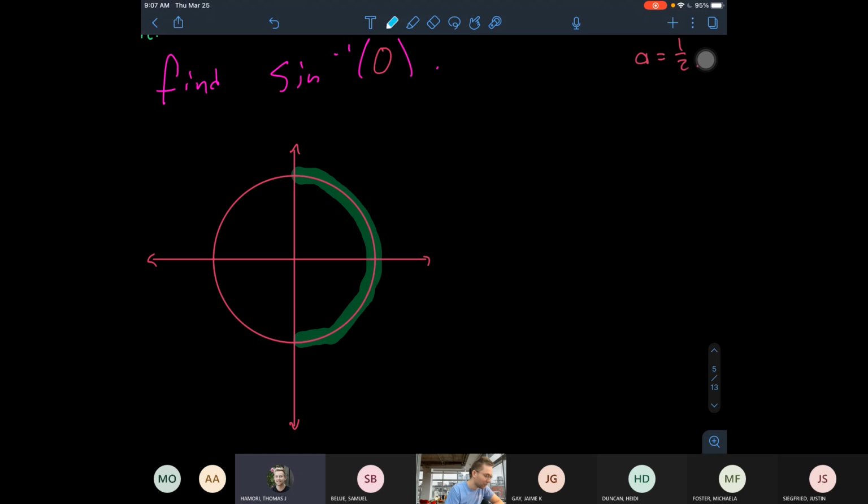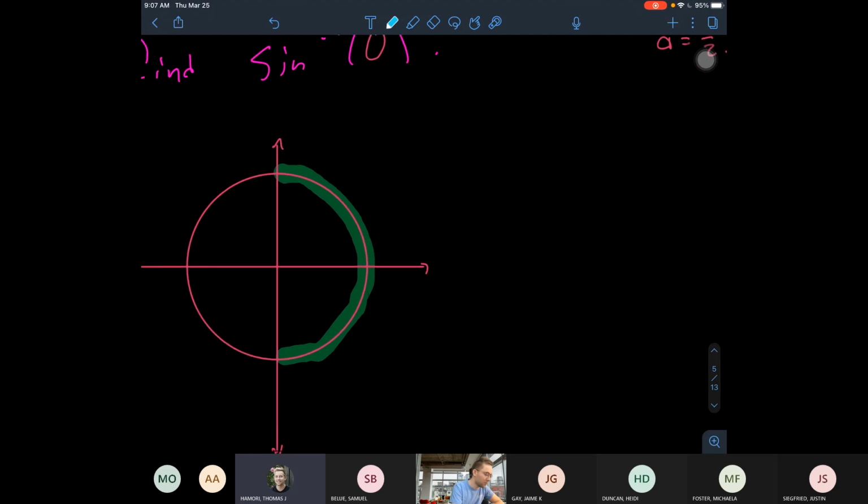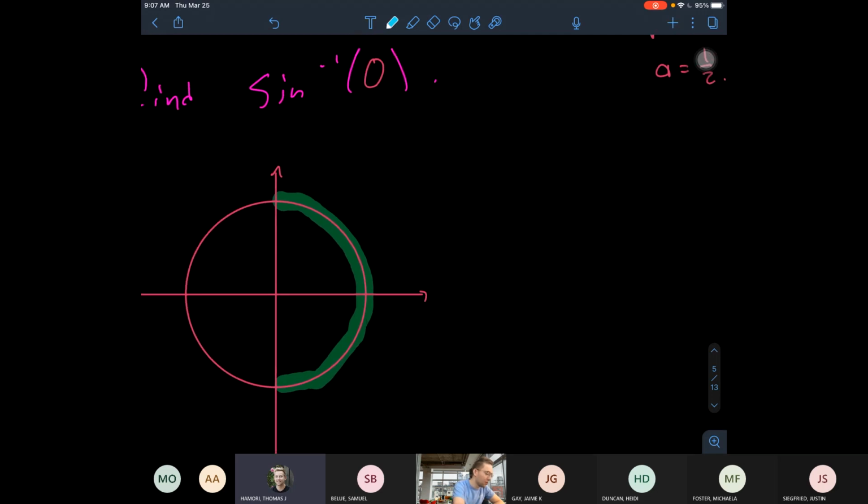Maybe somebody can help me first just draw the point on the unit circle which has a y value of 0 and is on the right side of the unit circle.